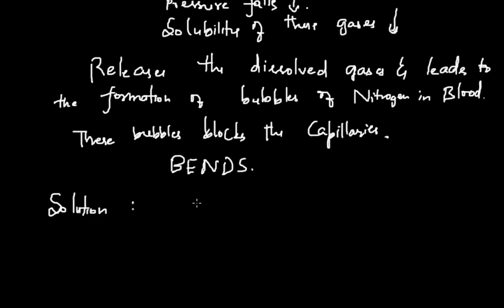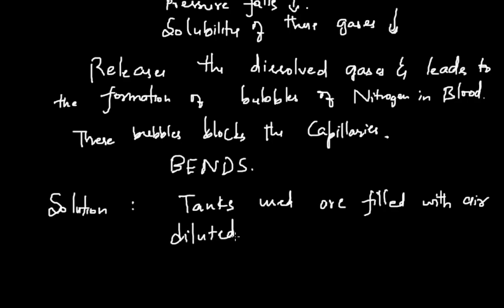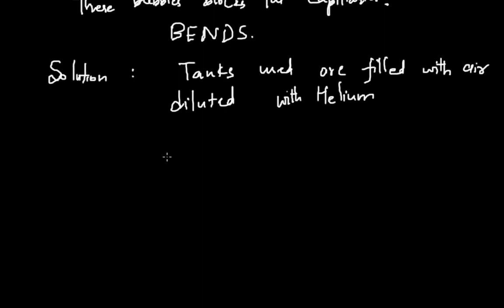The solution is that the tanks used by scuba divers are filled with air diluted with helium. If you want to understand the percentage, these tanks have 11.7% of helium, 32.1% of oxygen, and the remaining 56% of nitrogen.